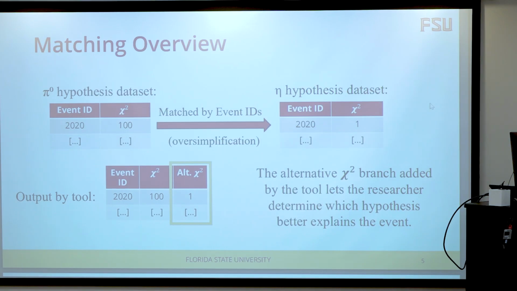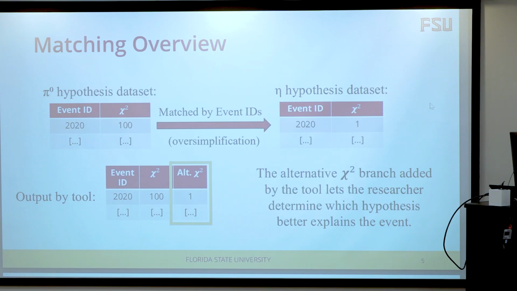We can see, essentially, this is very oversimplified, but what the tool that I wrote does is it loads all of the events in each data set into a table, essentially just exactly what you see here, and will define one data set as the primary hypothesis, which is an arbitrary definition.